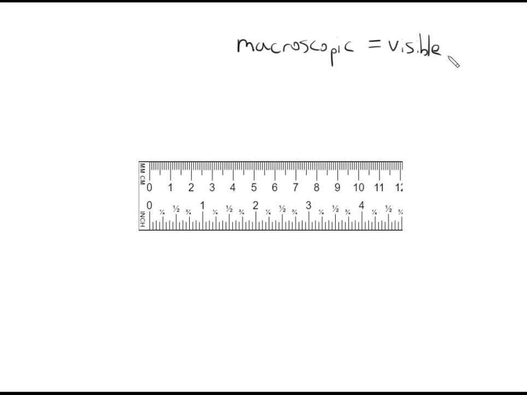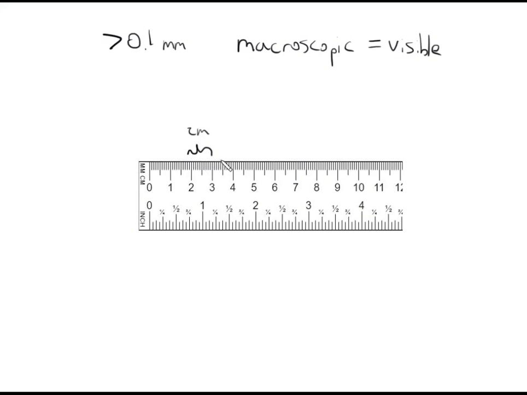And there's no exact definition for the size range that the macroscopic scale encompasses, but a good general rule is that things are macroscopic down to about 1/10 of a millimeter. So if you think about your typical centimeter ruler, and then of course, between any two whole numbers, you're dealing with a centimeter.